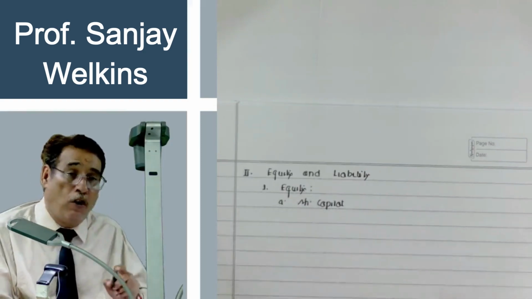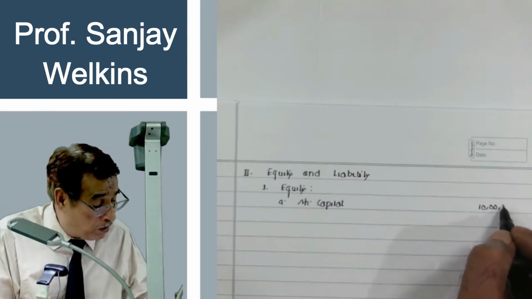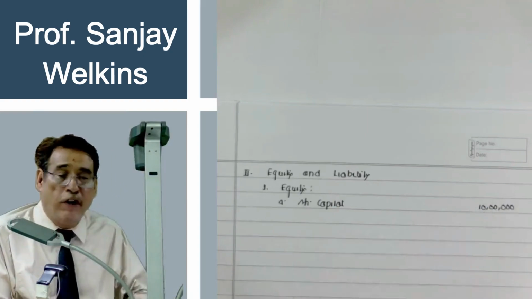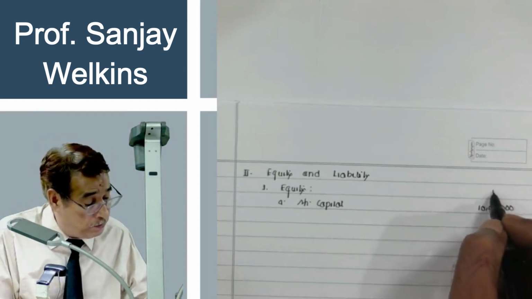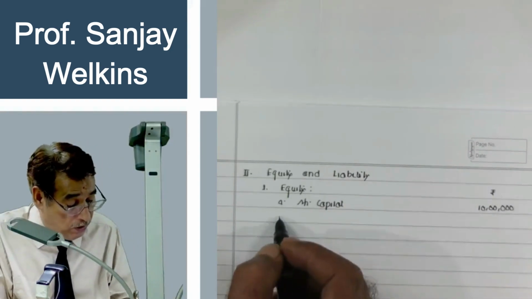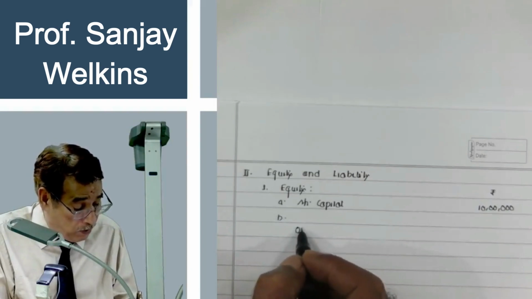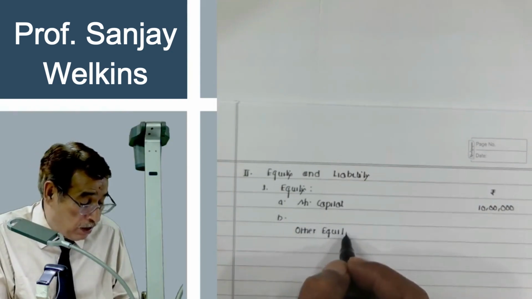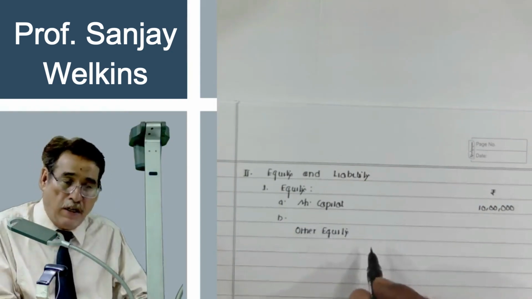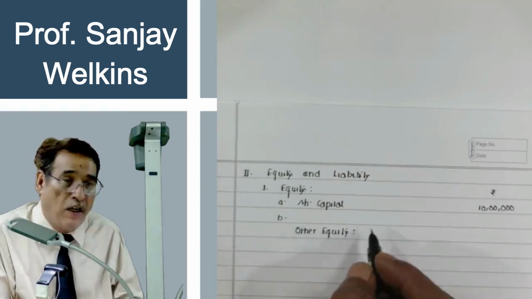Share capital of the parent only will find place, because share capital of the subsidiary company is already used when we computed other equity on the date of acquisition. Now we will write here other equity. Although from next time, instead of other equity, I will write consolidated other equity. Anyway, these are initial questions, so still I am writing other equity.